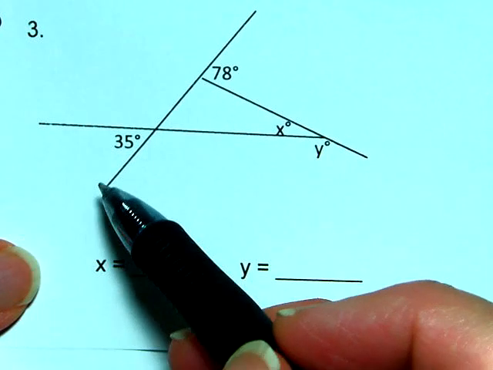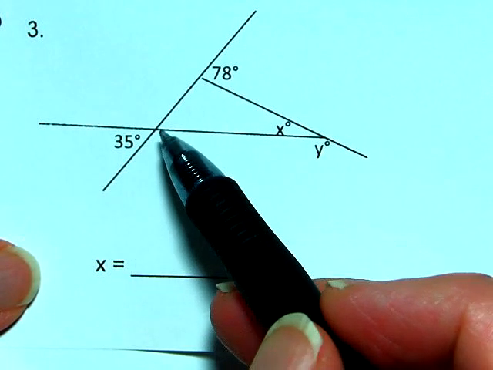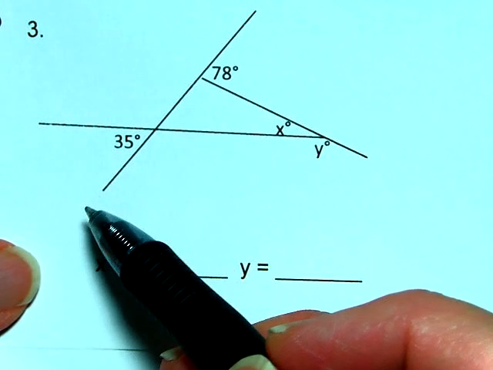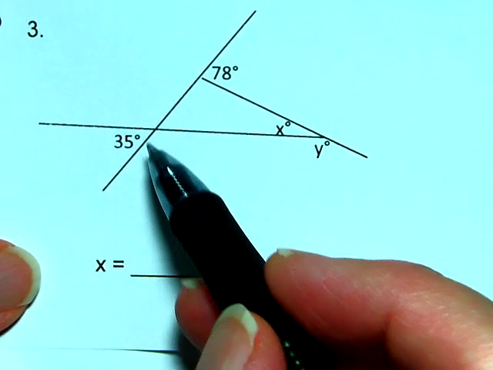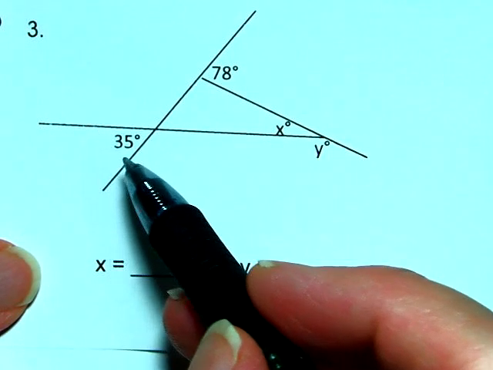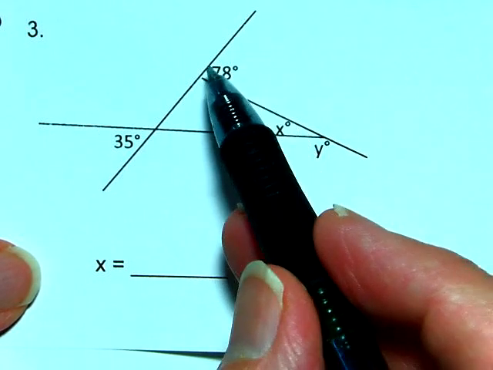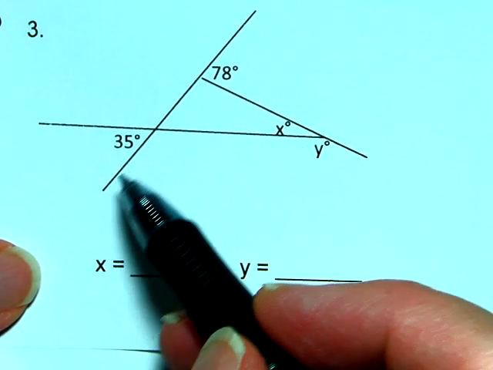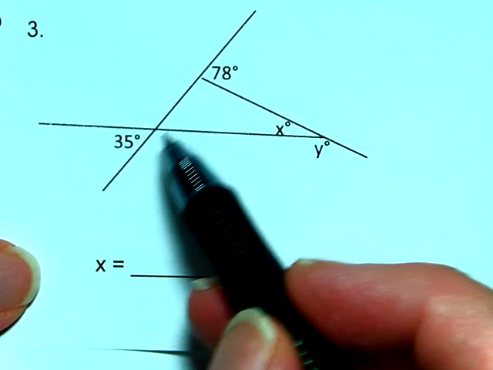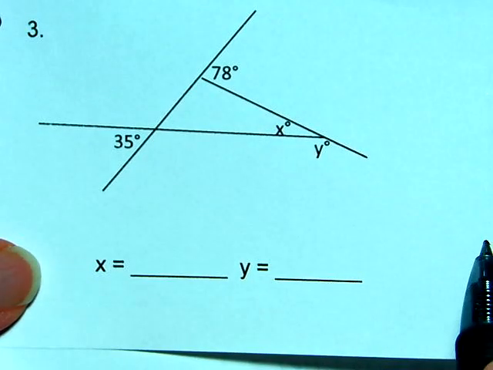But the angle 35 is formed by extensions of two of the sides, that extension and this extension. It doesn't have one of the sides of the triangle as one of its sides. So 78 does have a side of the triangle, but 35 only has two extensions as its sides. So 35 is not an exterior angle.